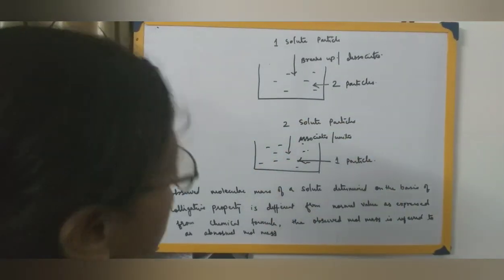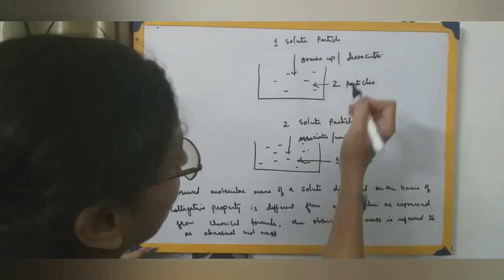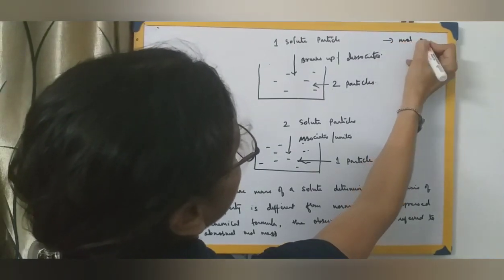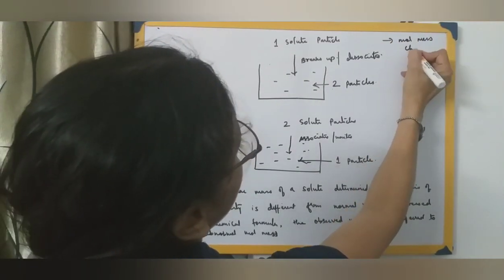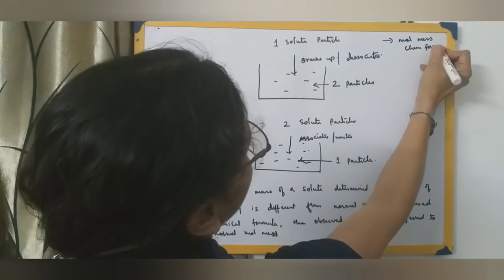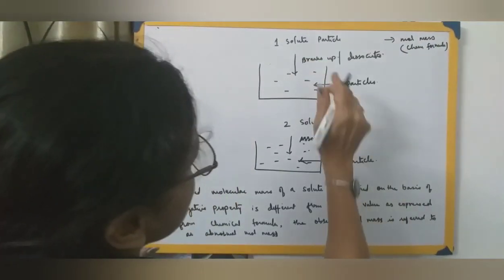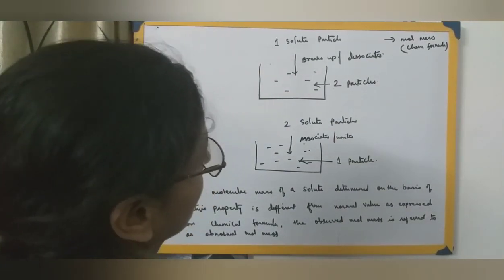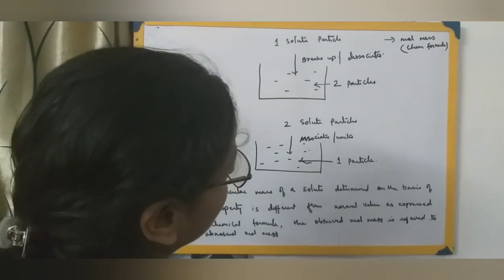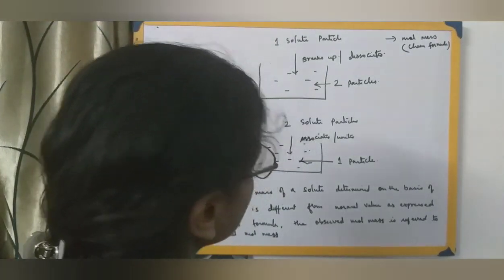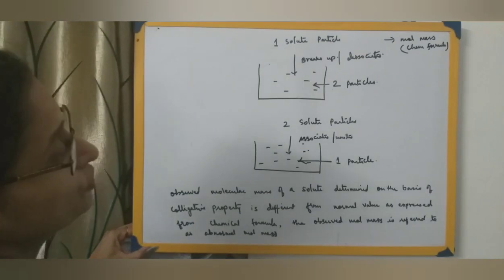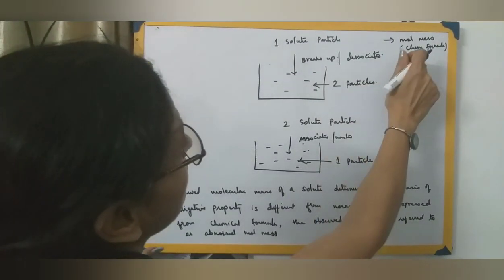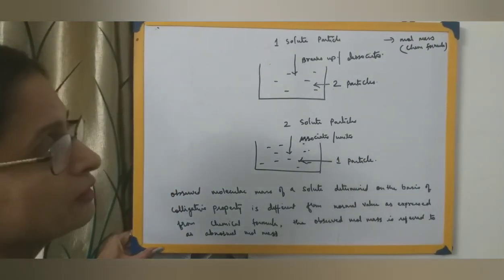Now if you calculate the molecular mass from the chemical formula, and at the same time the particle is breaking up into two, and you find the molecular mass depending on a colligative property, then obviously the molecular mass calculated on the basis of the colligative property will not be the same as the molecular mass calculated on the basis of the chemical formula.